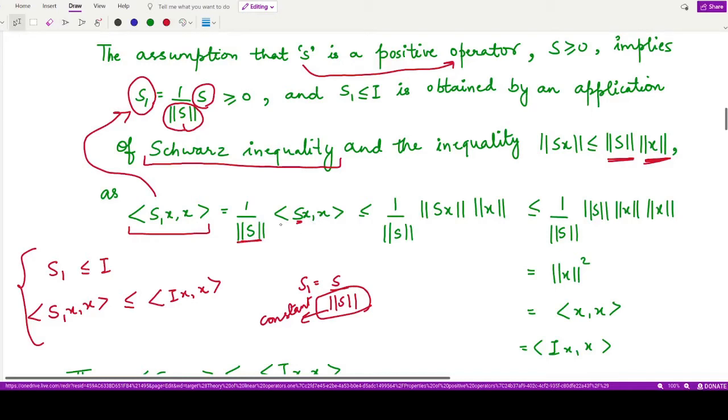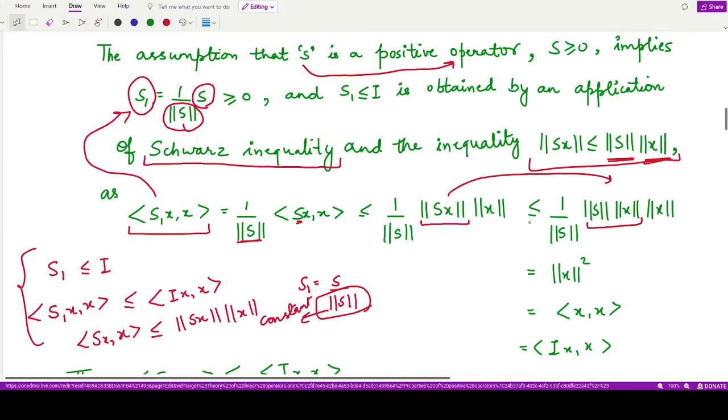Now we can use the Cauchy-Schwarz inequality, which states that the inner product of Sx with x is less than or equal to the norm of Sx times the norm of x. On this expression we may again use this inequality. So this thing is equal to this thing, and this thing is obviously less than or equal to this thing.